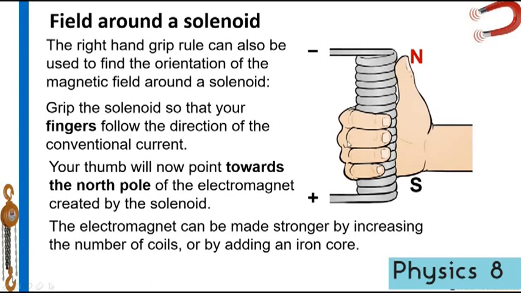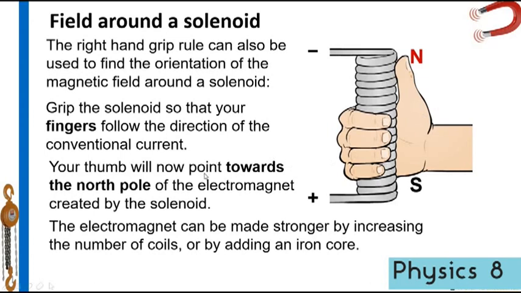But in the case of the solenoid, your fingers would represent the direction of the conventional current. In other words, the direction that the current is flowing from the positive to the negative.